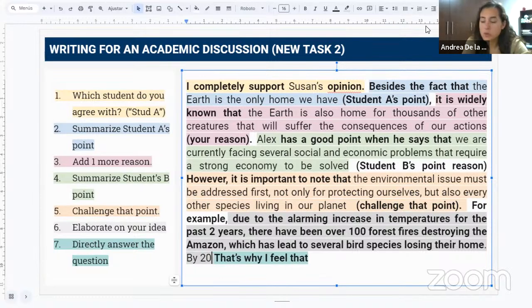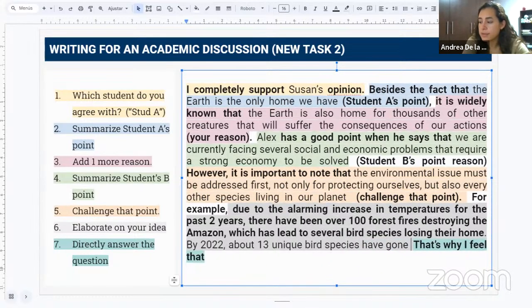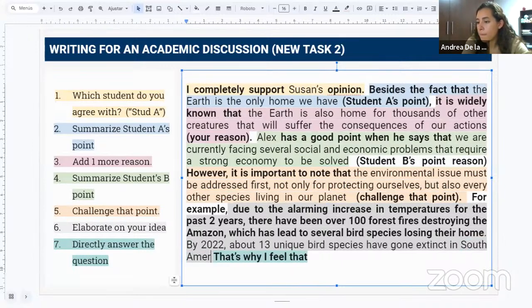By 2022, about 13 unique bird species have gone extinct in South America, due to global warming.